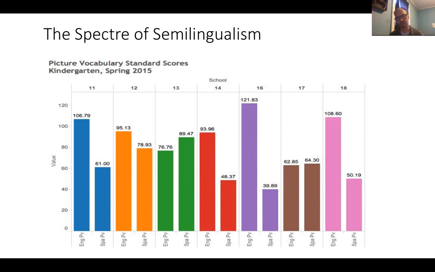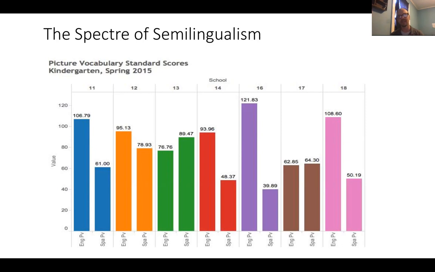And here's the specter of semilingualism. School 17, you have low performance in English and in Spanish. And finally, in 18, you have average English and low Spanish. So you see some trends in terms of what language appears to be dominant in these cases, which is English, except in child school 13.